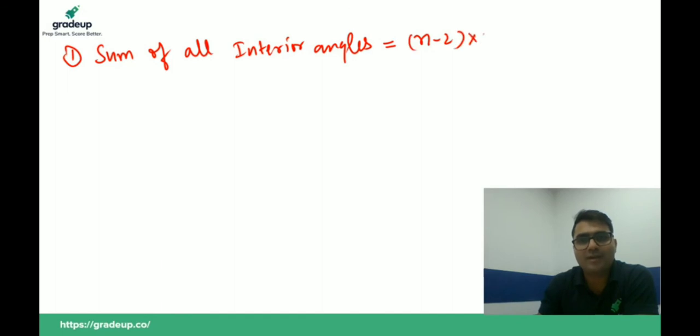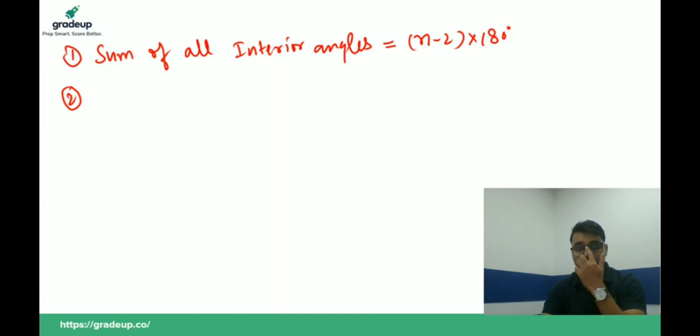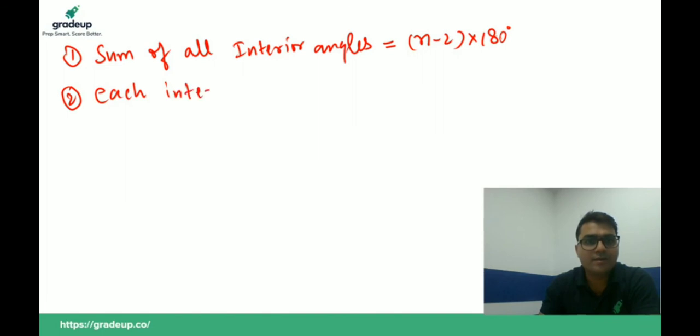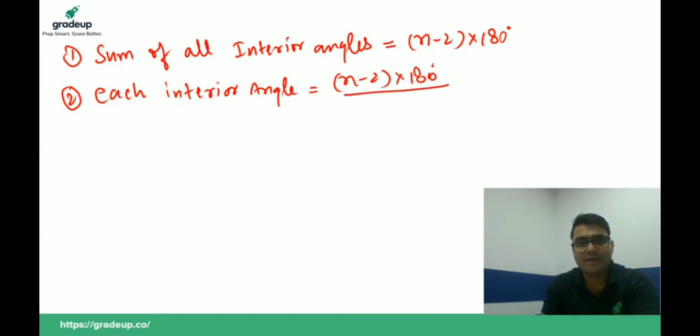Sum of all interior angles of a regular polygon is (n minus 2) into 180 degrees. Number 2, each interior angle is (n minus 2) into 180 divided by n.